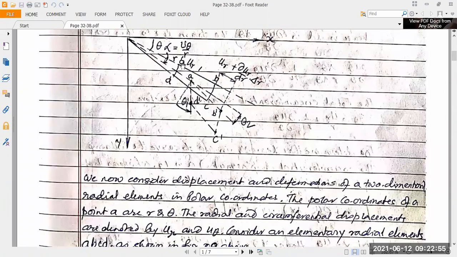We have defined the polar coordinates of A and B, and after shifting to position A dash due to deformation, we find the polar coordinates of A dash as well as B dash. So far, we have not taken into account the polar coordinates of D and C itself.